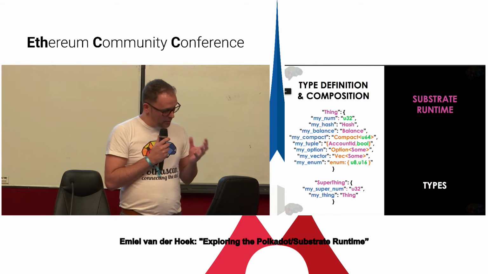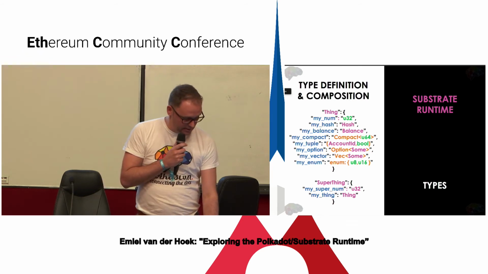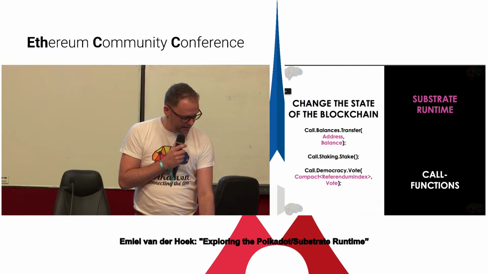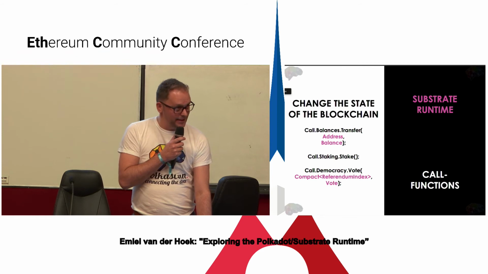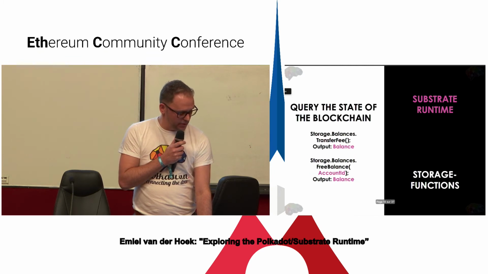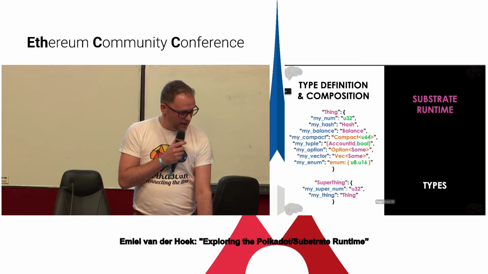One important component of the Substrate Runtime metadata definition is that there is a type definition and type composition. If I go back a number of pages, you see all the pink words. These are basically data types: an address, a balance, a referendum index or a vote, an account ID, and so on.